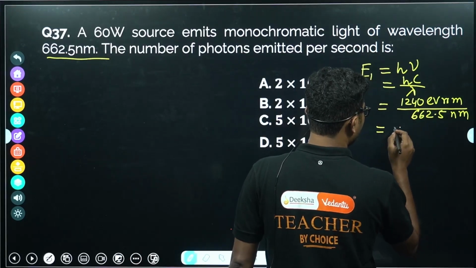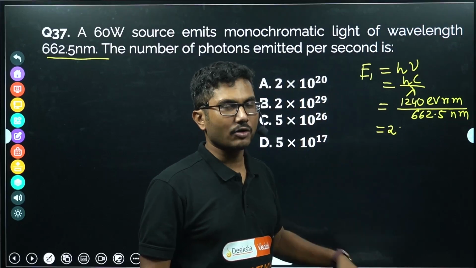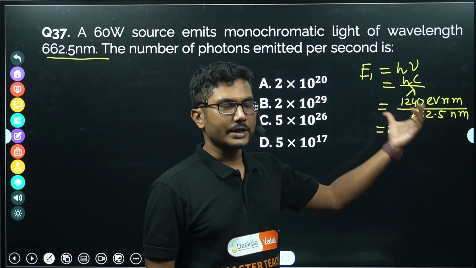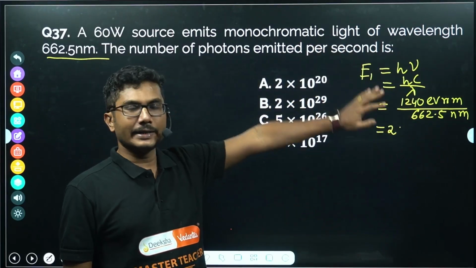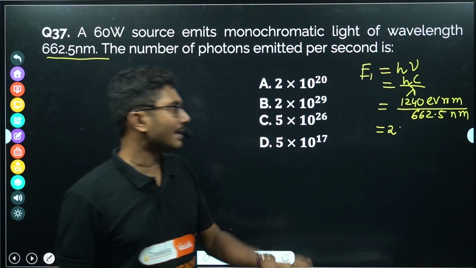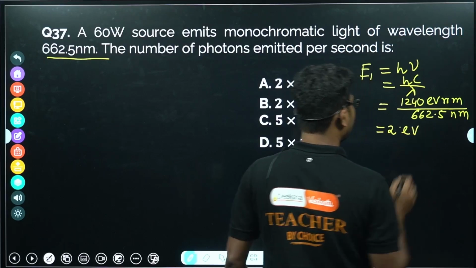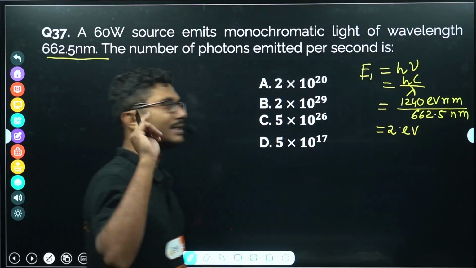I am writing it as 2 for now, because these calculations are not going to be shown to the teacher when you are solving it. You can take these approximated values, as long as your final answer matches, right? So you can take this 2 eV. So 2 eV is the energy of one single photon.